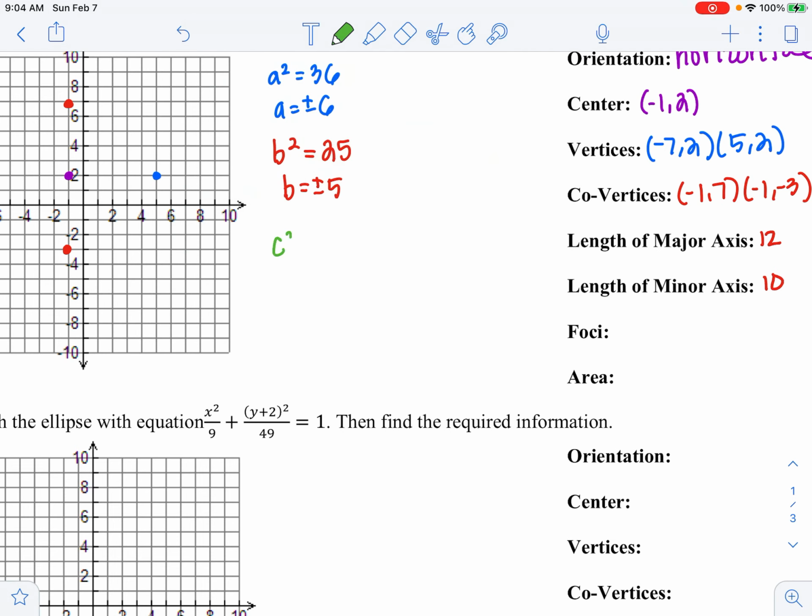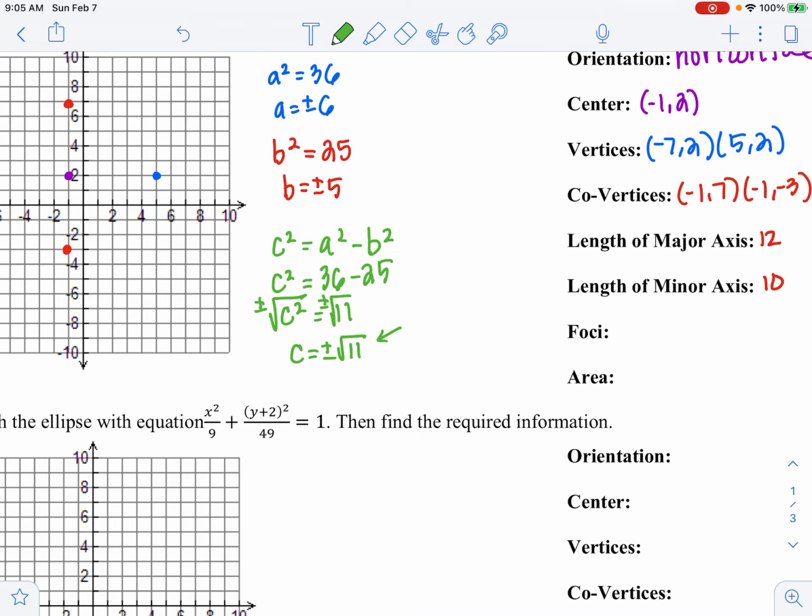So my foci are found by using c squared equals a squared minus b squared. c squared equals 36 minus 25. c squared is equal to 11. Square root both sides, plus or minus. Simplify the radical if possible. The radical is not simplifiable, so I know c is plus or minus root 11.